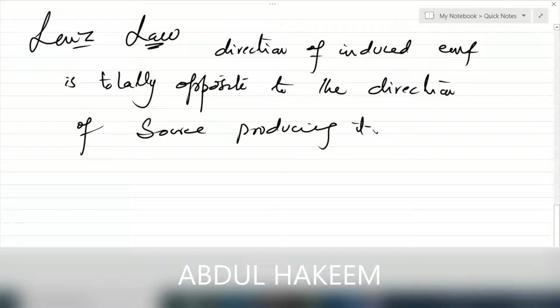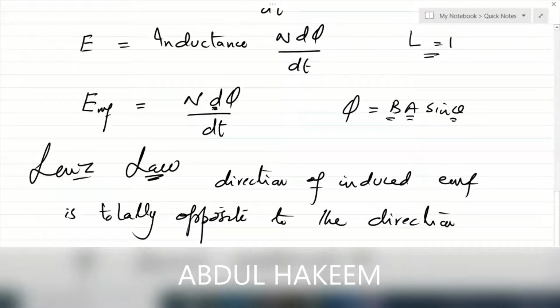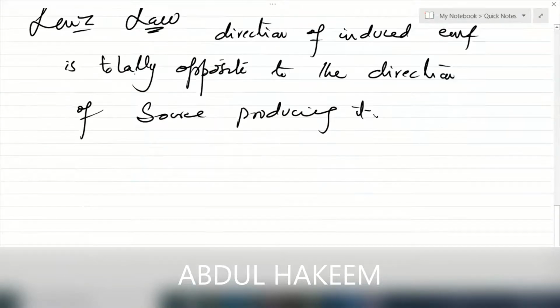Meaning the direction of the induced EMF is opposite to the direction of the flux, the magnetic field. So for this, we will put here the minus sign, because this is the source which is producing and this is the induced EMF. So both are in the opposite direction.